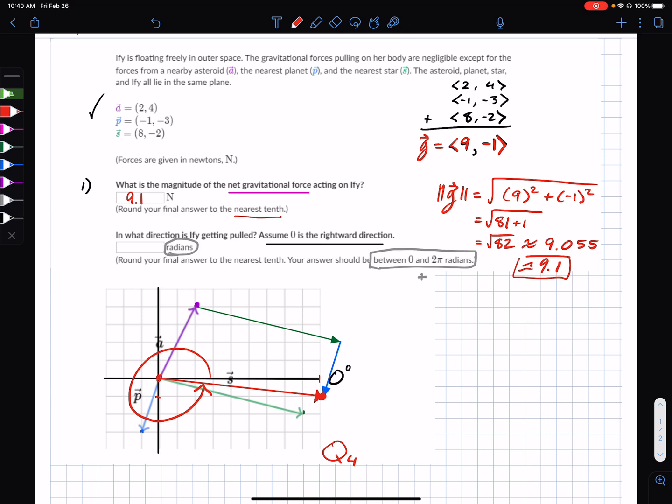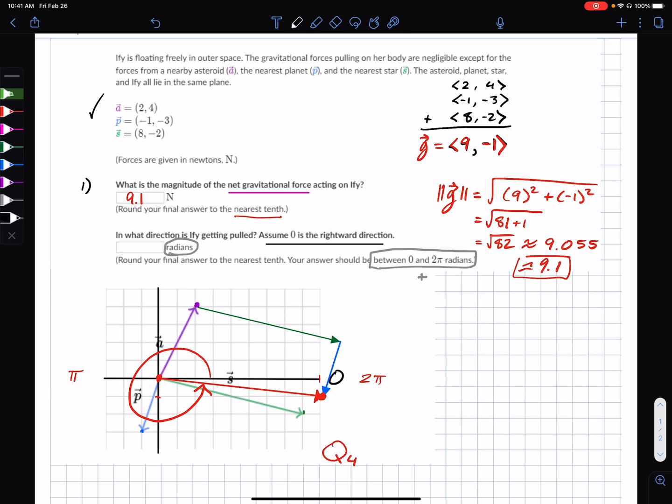It's going to be something close to 2 pi. Remember, pi is exactly the same as 180 degrees, and this isn't 0 degrees, it's 0 radians, and that's the same as 360 degrees is the same as 2 pi. So it's almost a full rotation. So we're looking for a big angle.